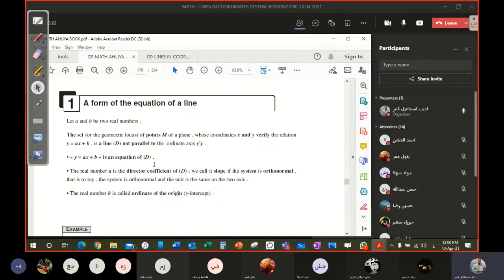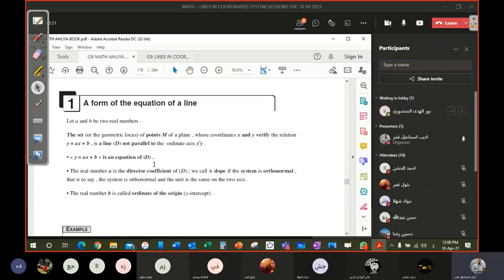As you can see, let a and b be two real numbers. The set, or the geometric locus, of points M of a plane whose coordinates x and y, coordinates meaning the abscissa and the ordinate, verify the relation y equal ax plus b is a line D not parallel to the ordinate axis.